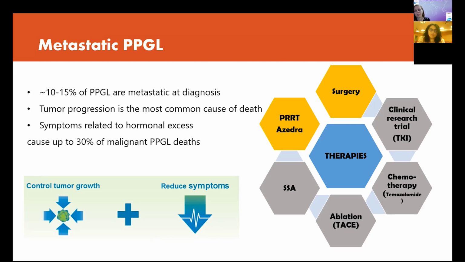Other treatments such as somatostatin analogs, different ways of ablation of tumors, chemotherapy, or other drugs such as tyrosine kinase inhibitors are still used. We see case reports, we see small series of patients that were treated successfully with those therapies. But as I already said, the decision should be made by a multidisciplinary team, and it should be individualized according to each case.